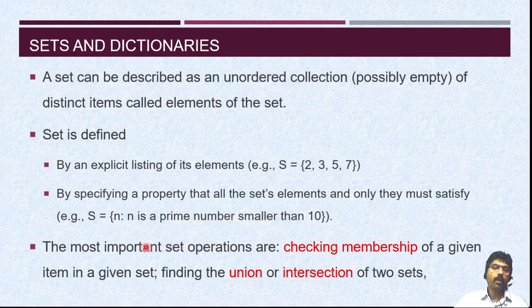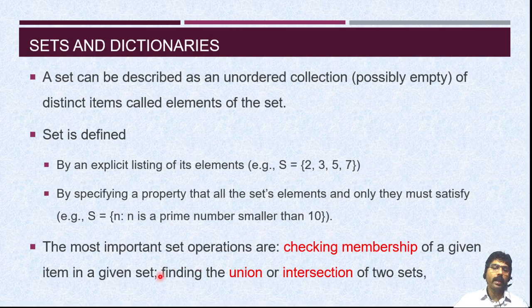Some of the most common operations used on sets are checking membership. What is the meaning of checking membership? We have to check whether a particular element is in the set or not. Is element 3 available in the set S or not? That is called checking membership.